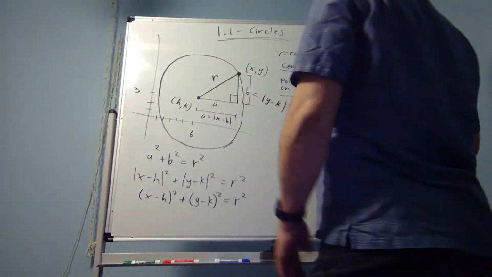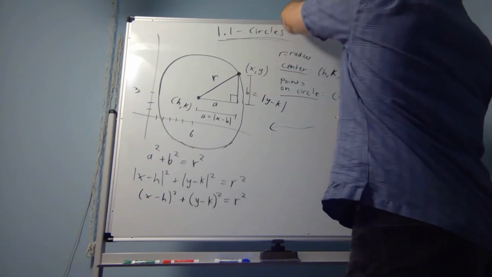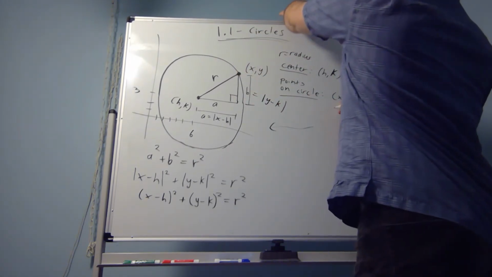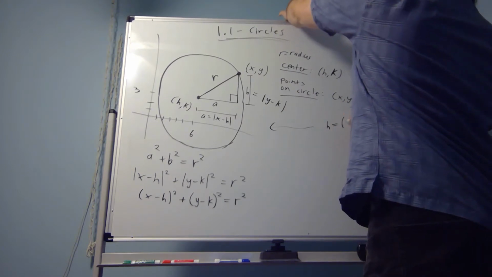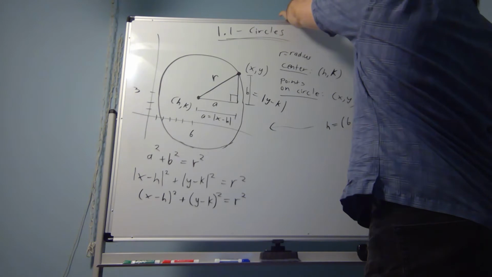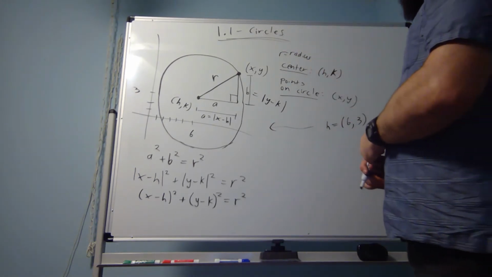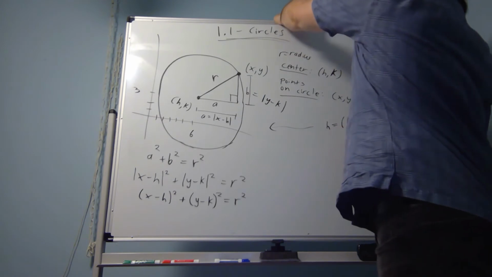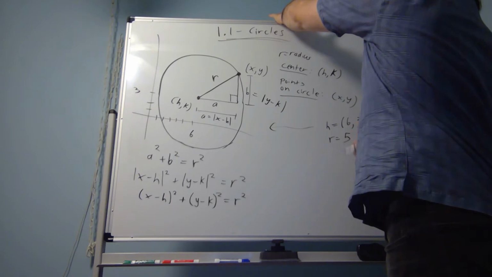So, this little example here, what do we have? h is equal to 6 as the x value for the center. 3 is the y value of the center of the circle. r was, I started drawing and I got roughly 5.